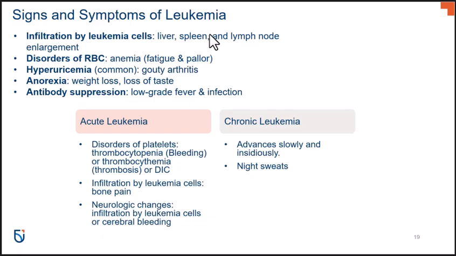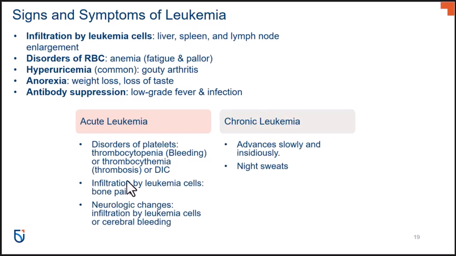So a little bit more still on leukemia. The abnormal leukemic cells can infiltrate other tissues in the body, specifically the liver, spleen, and the lymph nodes, causing them to enlarge. In acute leukemia, it can infiltrate the bone, and it can cause bone pain, which is mentioned down here.